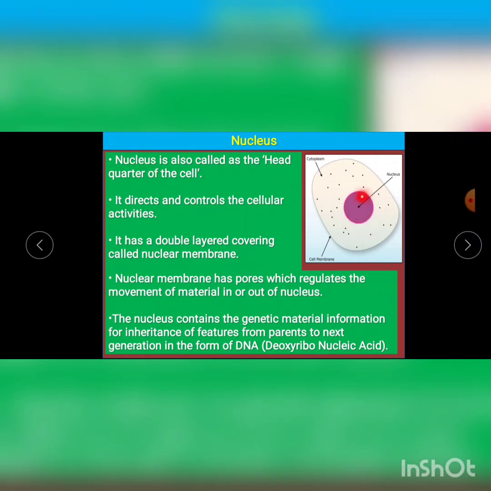Nucleus is usually round in structure, and in animal cell you will mainly find it in the center of the cell, and in the case of plant cell it may be situated towards the periphery, that means towards the side. Nucleus has a double layered covering called nuclear membrane. Nuclear membrane has pores which regulate the movement of material in or out of the cell nucleus.